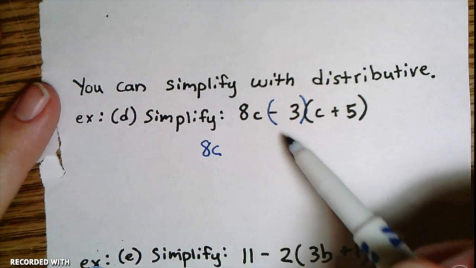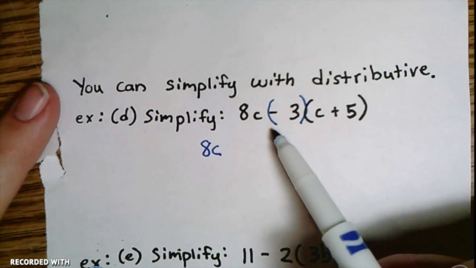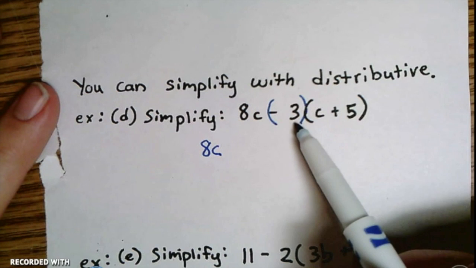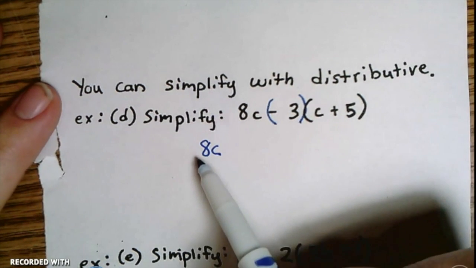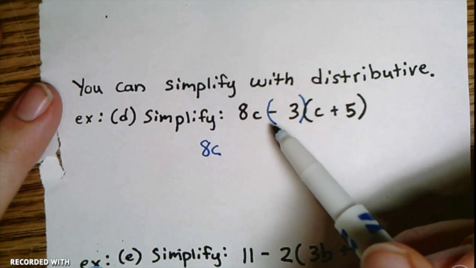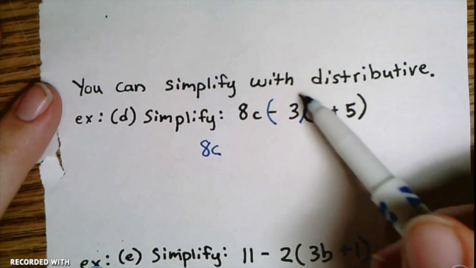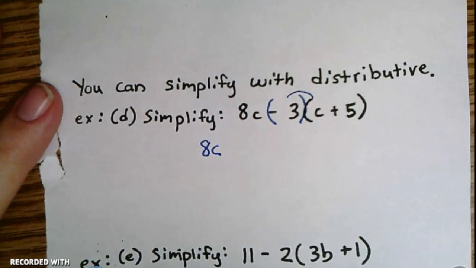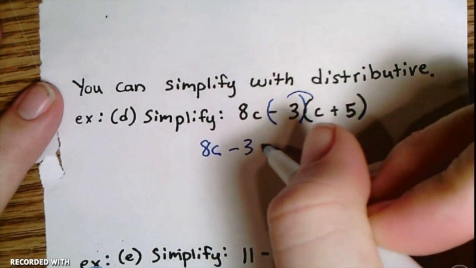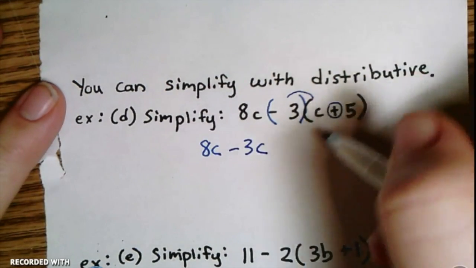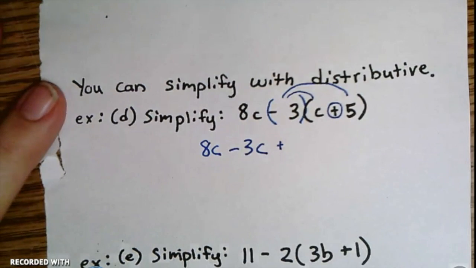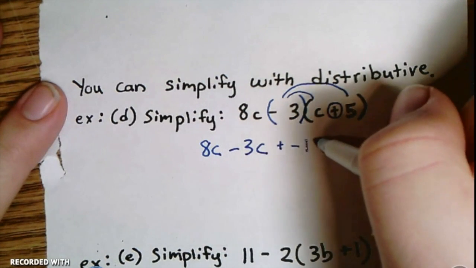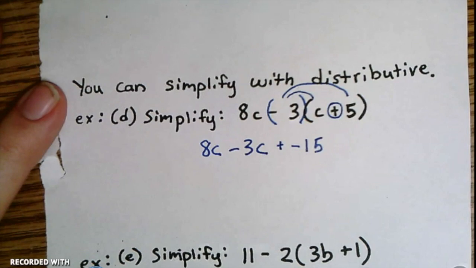We're going to realize that subtraction is really adding a negative, and this sign is attached to the 3. So this is a -3. So we have 8C, and then we have -3 times C, which is -3C. Then we're going to take this middle sign, and then we're going to do -3 times 5. So -3 times 5 is -15.